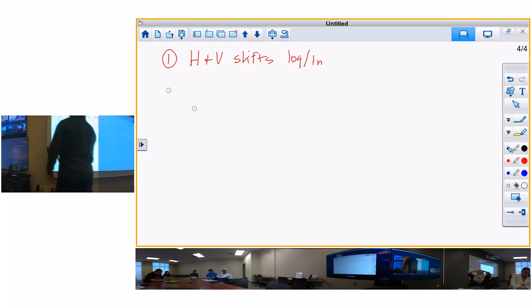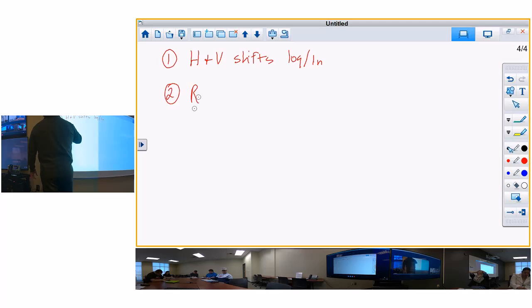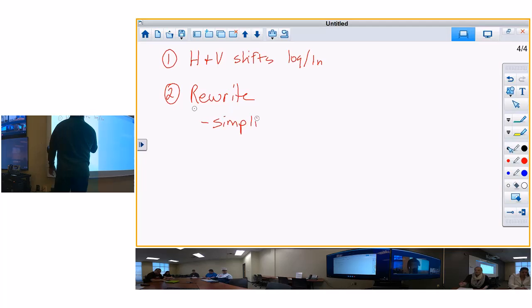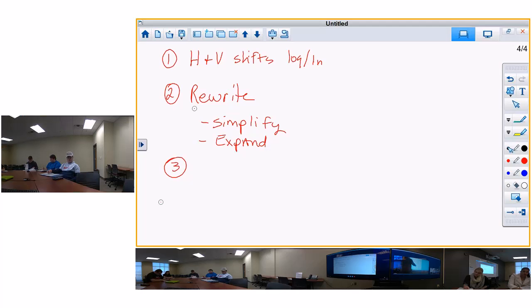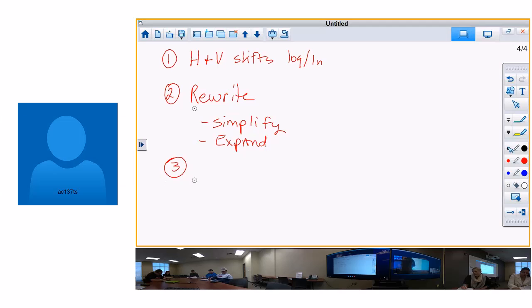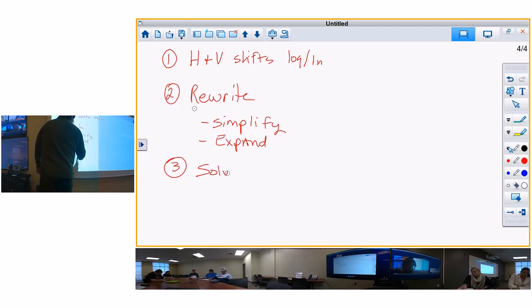You've got to be able to rewrite, and rewrite means that you need to be able to simplify as well as what? Expand both the logarithms and natural log. And 3, you've got to be able to solve an equation.